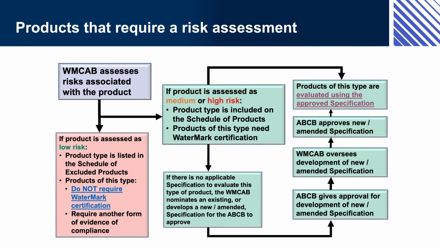If the product type is determined to pose sufficient risk, then that product type is added to the Schedule of Products and the individual model brand is evaluated against a suitable specification. If there is no suitable specification, then one must be developed or amended before the product can be evaluated. If the product type is found not to pose a significant risk, then the product type is added to the Schedule of Excluded Products and no further evaluation is necessary.